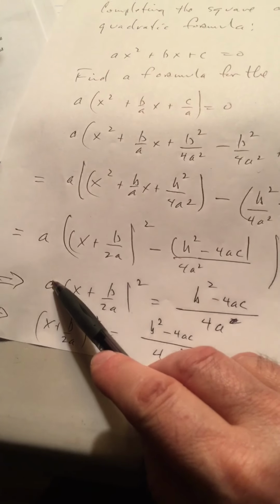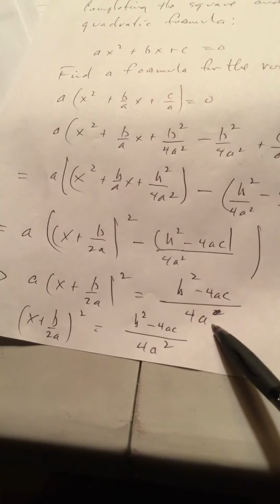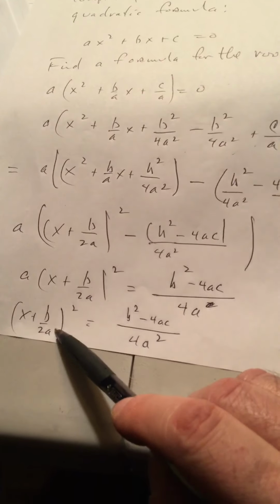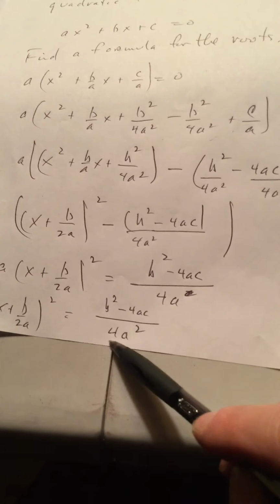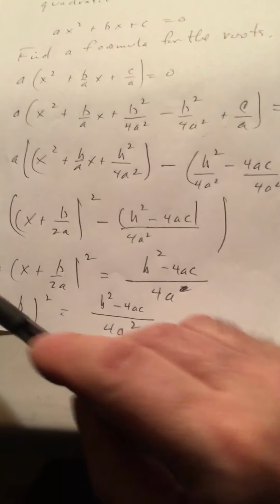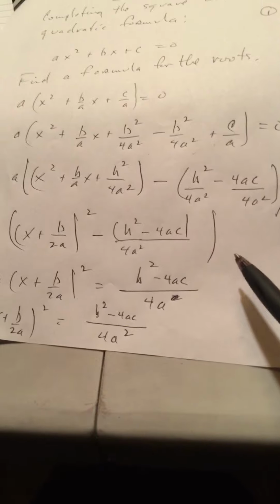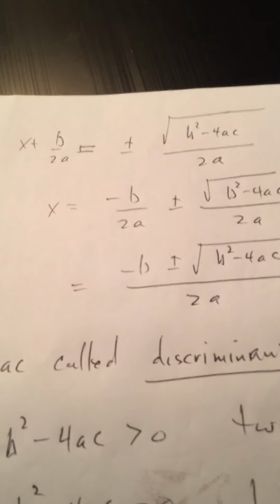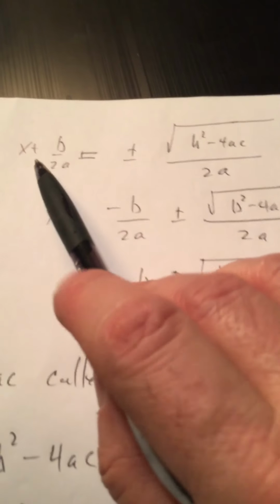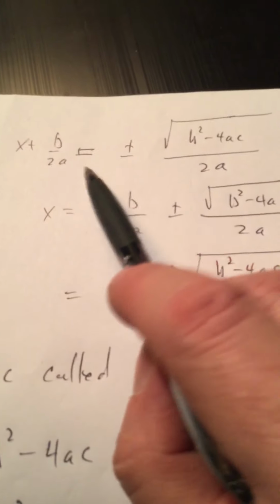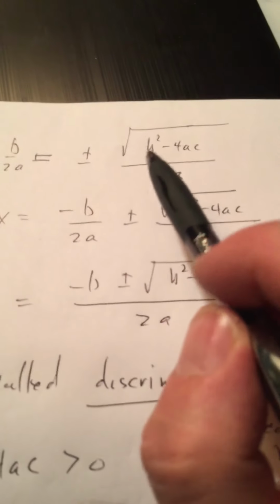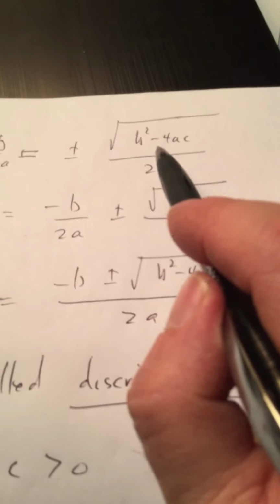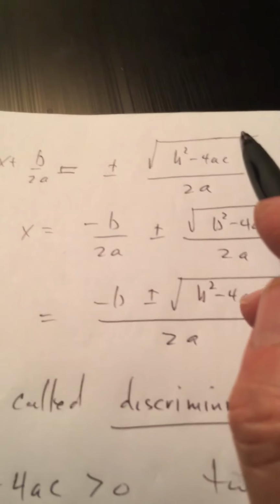We then divide both sides by a, and we're going to get x plus b over 2a quantity squared equals b squared minus 4ac over 4a squared, because the a goes downstairs. Then we take the square root of both sides, and we're going to get x plus b over 2a equals plus or minus square root of b squared minus 4ac over 2a.